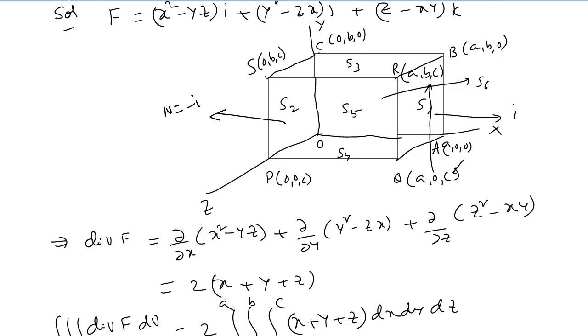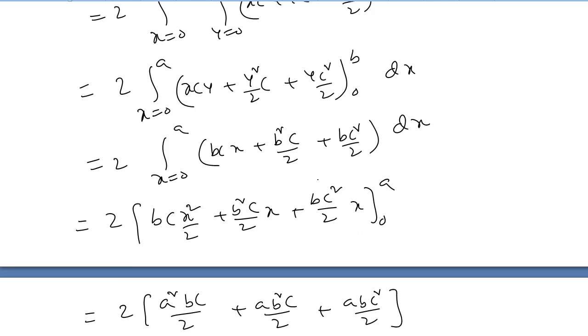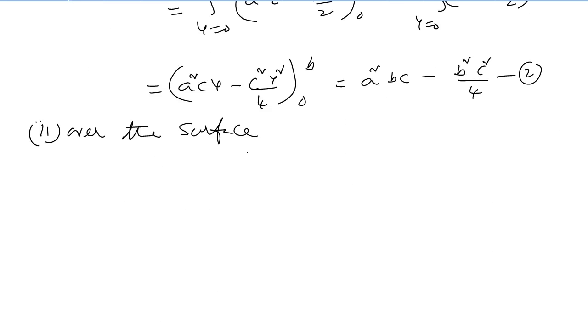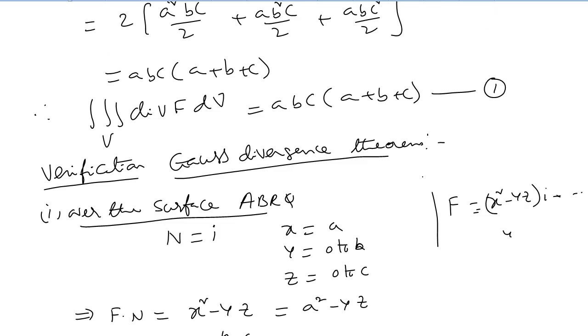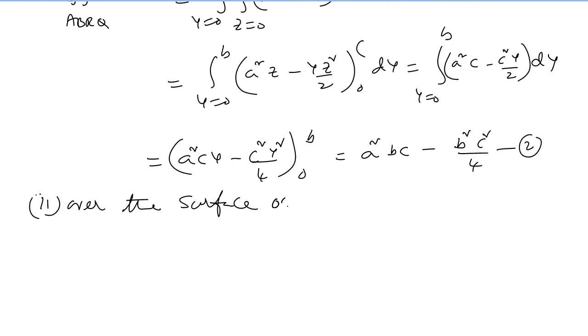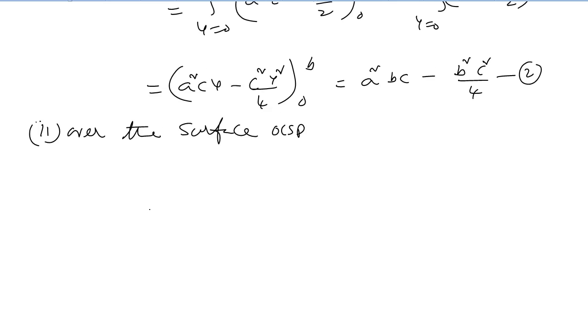So x equals 0, y varies along the y axis from 0 to b, z varies from 0 to c along the z axis. Over the surface OCSP, n equals minus i, x is 0, y is 0 to b, z is 0 to c.